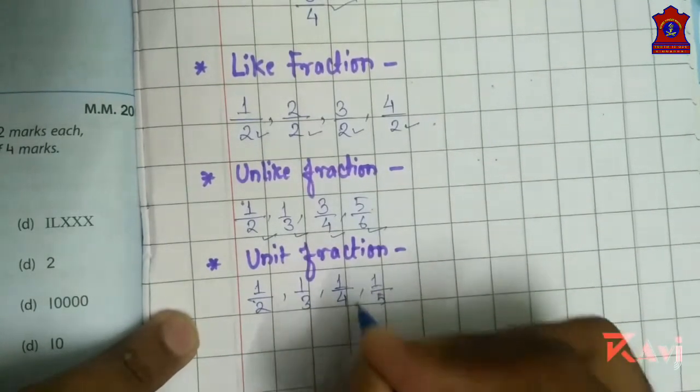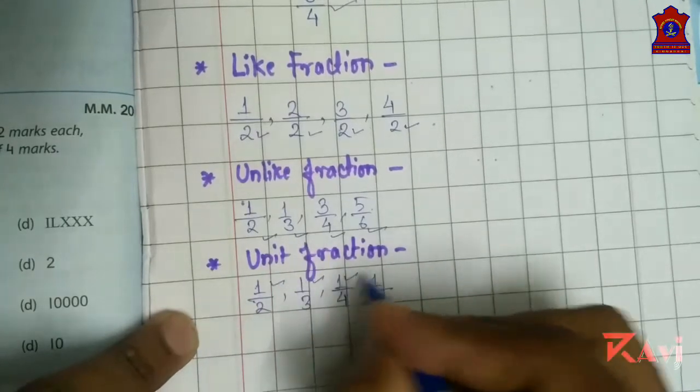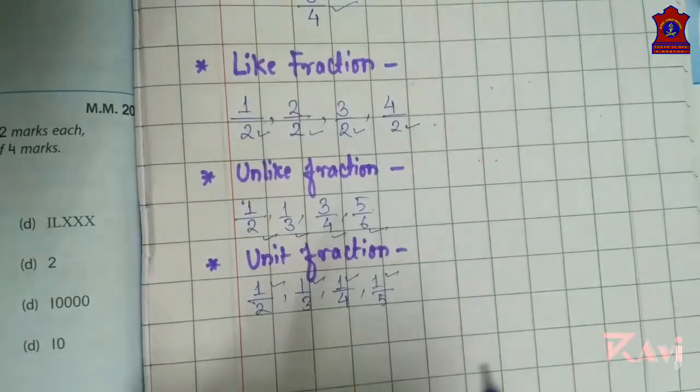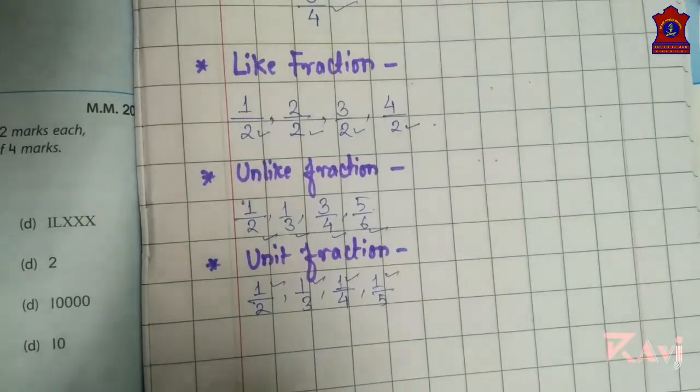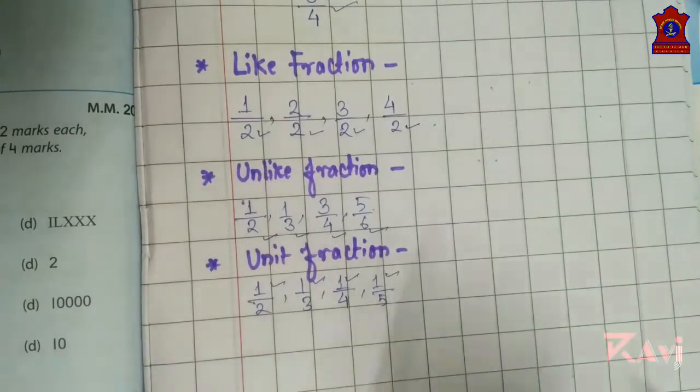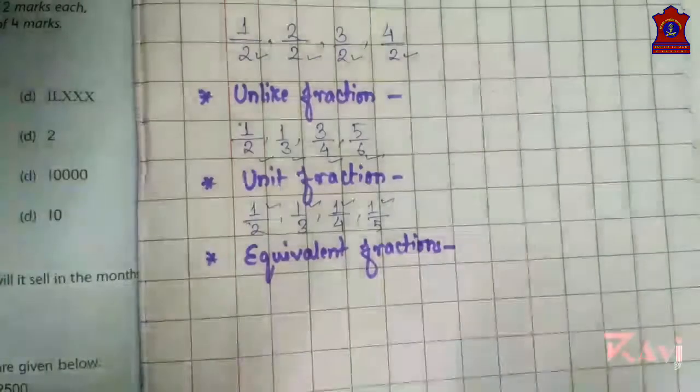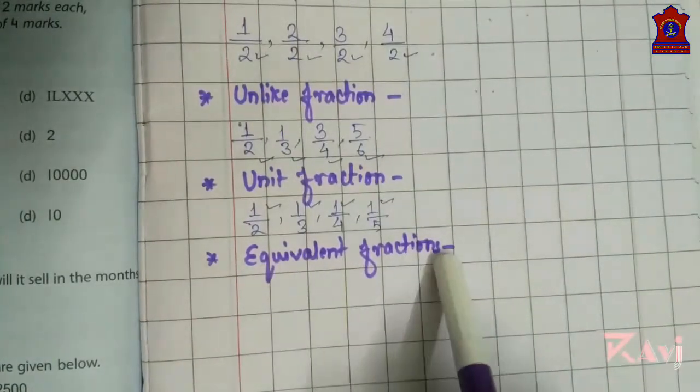See here, the numerator is 1 everywhere. When the numerator is 1, you can say that these fractions are unit fractions. Clear?